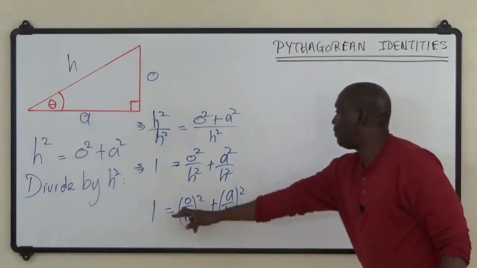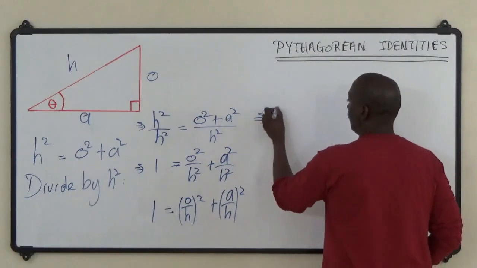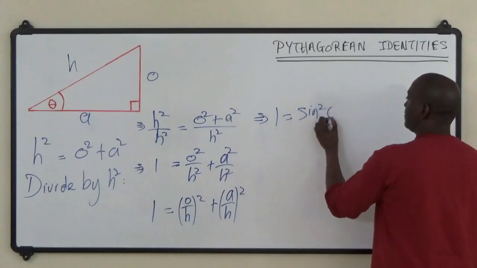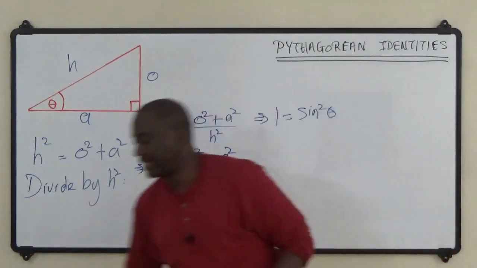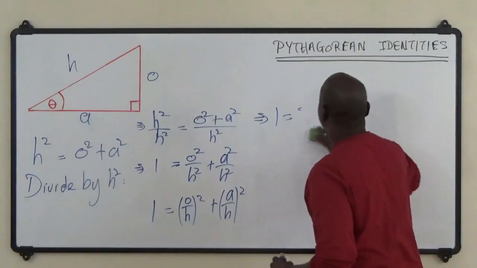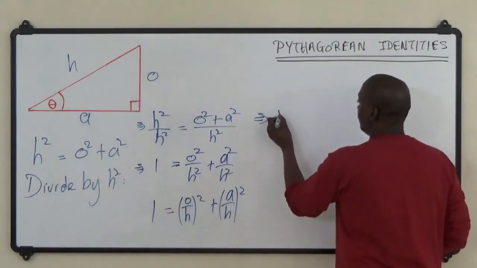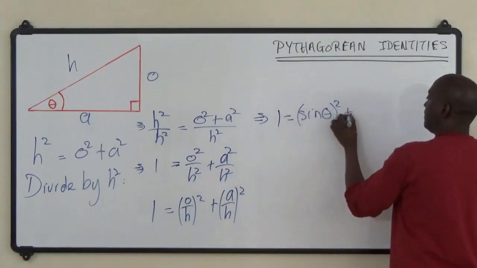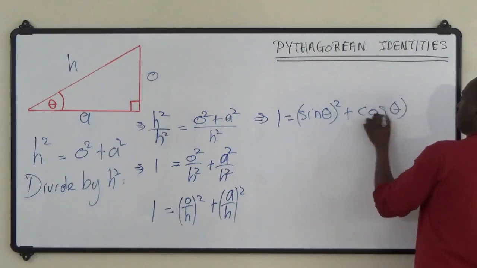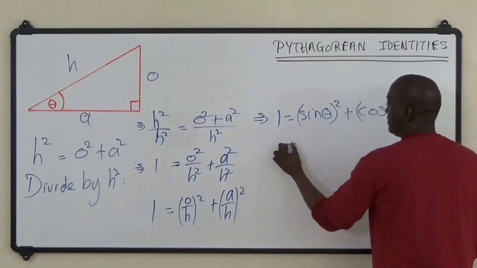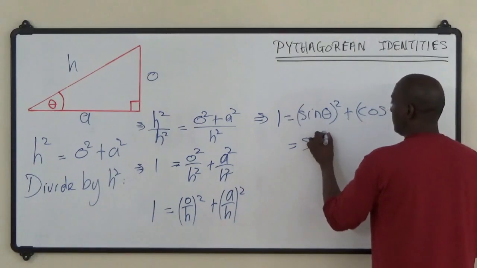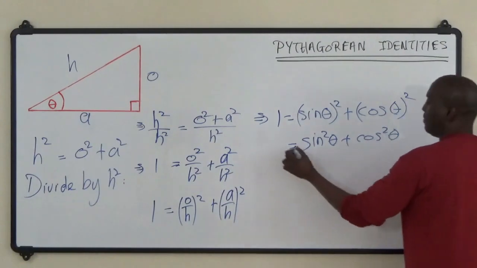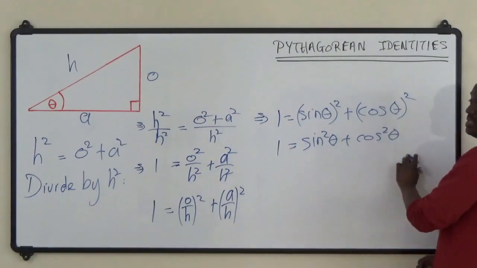So therefore 1 is equal to sine of theta squared plus the cosine of theta squared, which is the same thing as sine squared theta plus cosine squared theta.